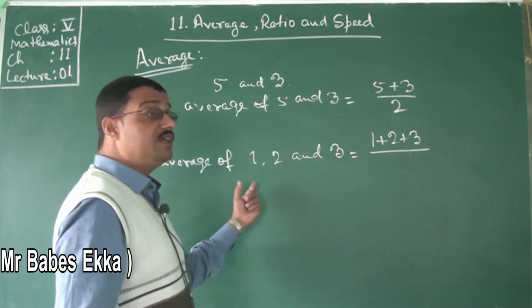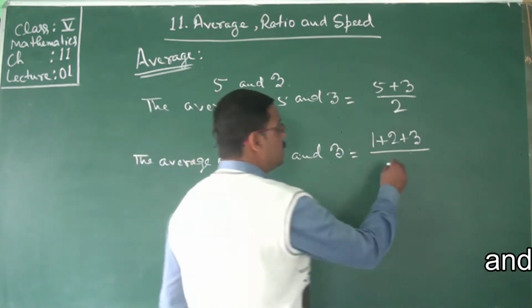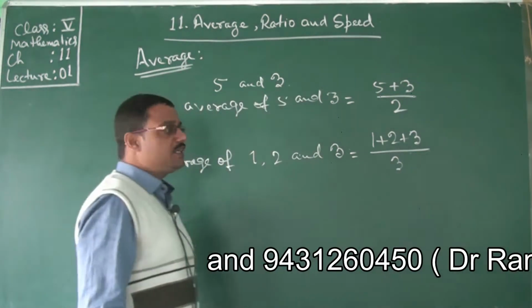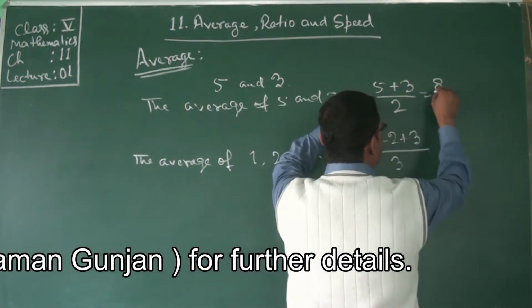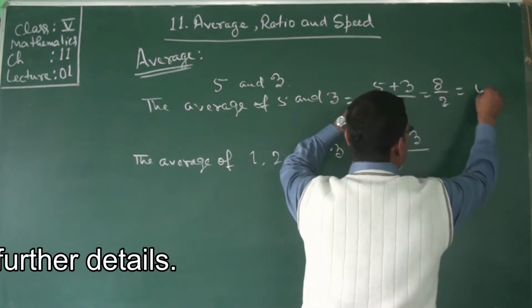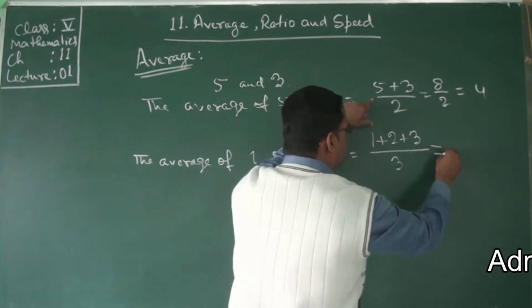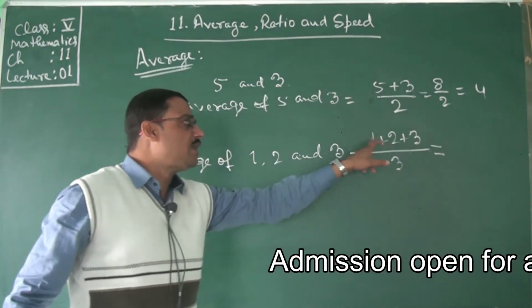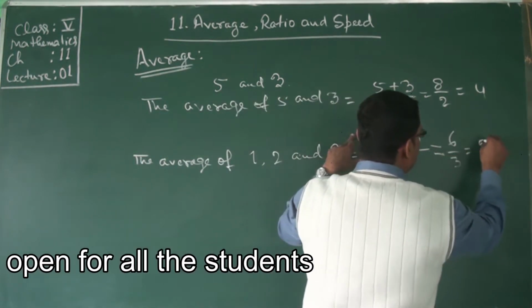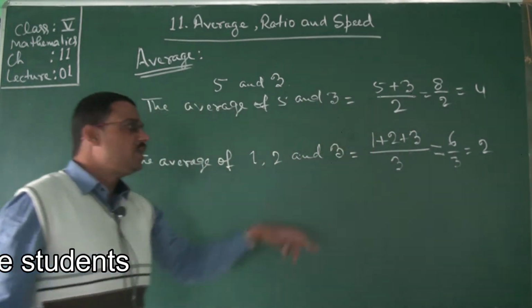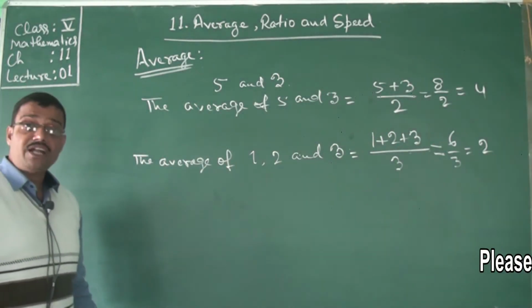Three numbers are there. In this way, if you calculate this, you will get 8 by 2 equal to 4, and if you calculate this one, you will get 6 by 3, that is equal to 2. In this way, you can find the average.